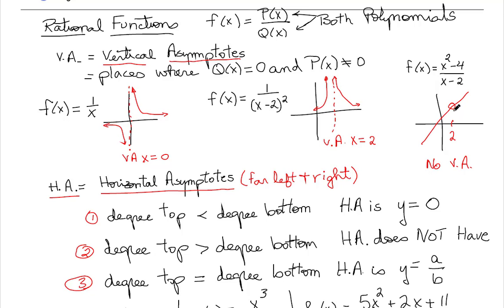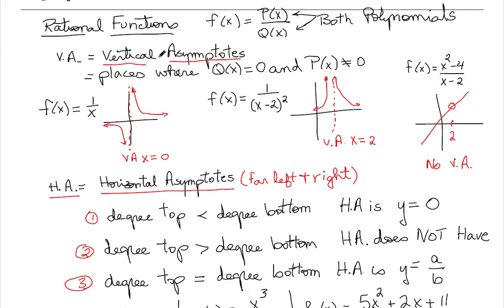Now, what about this guy? You might think, well, yeah, it's undefined at 2 because 2 minus 2 is 0. But why doesn't it blow up? Why doesn't it run off to infinity like these first two? The reason it doesn't is because 2 also makes the top 0.